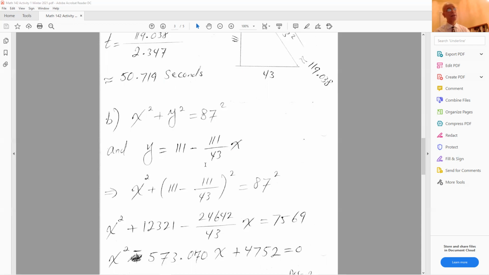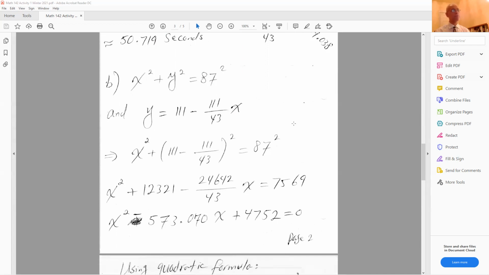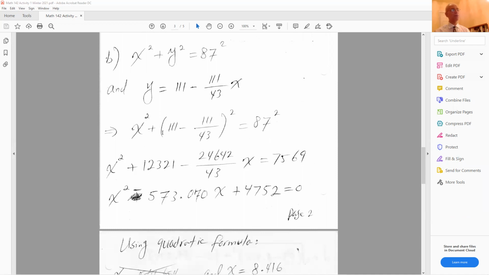So now that I know what y is, I can substitute this 111 minus 111 over 43x for the y in here. So now I get x squared plus quantity 111 minus 111 over 43x squared equals 87 squared.